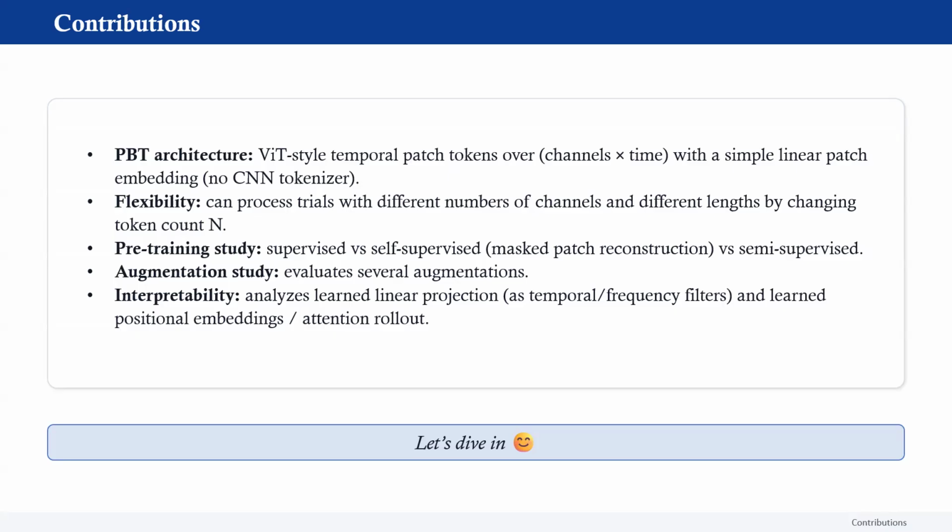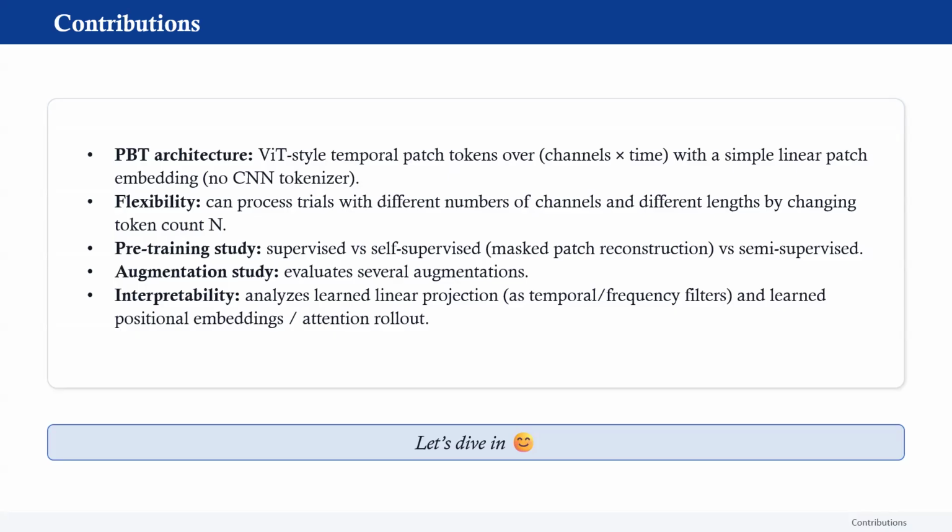And they add a lightweight linear embedding. They keep emphasizing this point that they have avoided a heavy CNN tokenizer. Again, to be determined whether that actually gives us certain benefits. Second, the design is naturally flexible, and we will look into this a bit more as to why that is the case, that it can accommodate different channel counts and trial lengths.